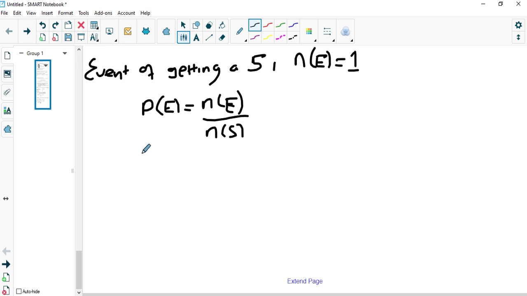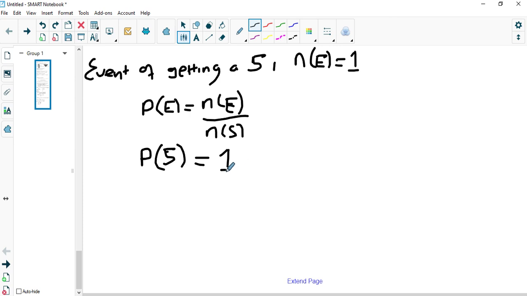So here I will say the probability of getting a 5 should be equal to the number of event, which is 1, because the only chance you can get a 5 there is only 1.